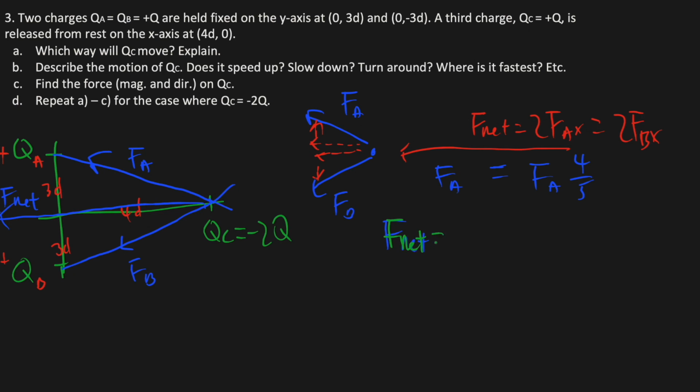F net is equal to 2FAX is equal to 2 times 4 over 5 FA is equal to 8 over 5 FA.